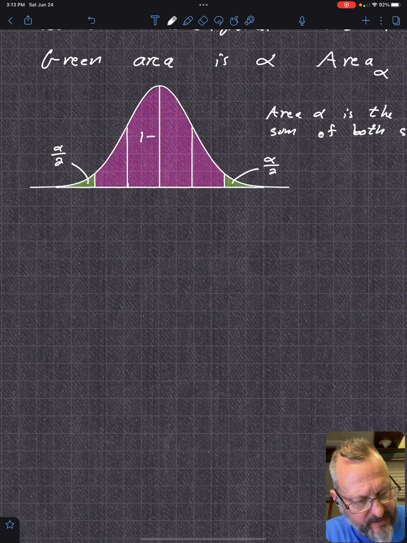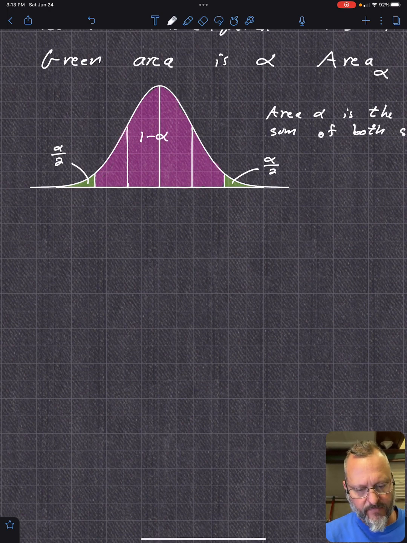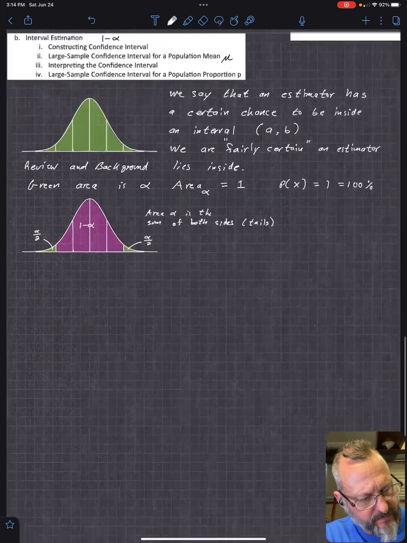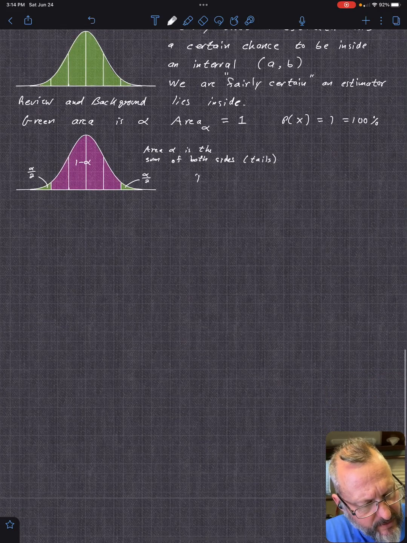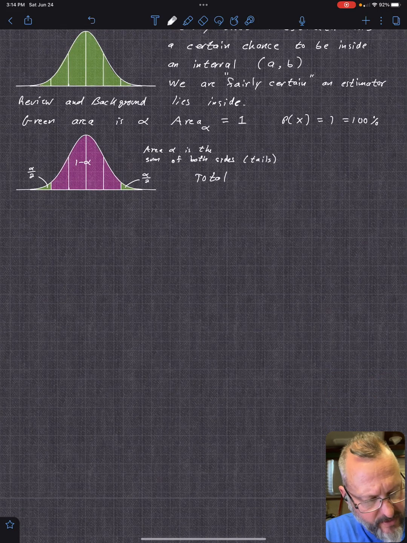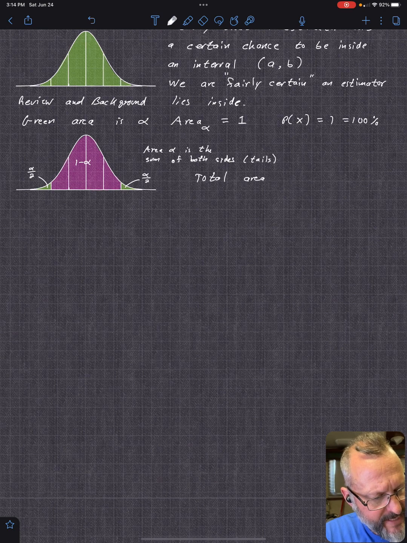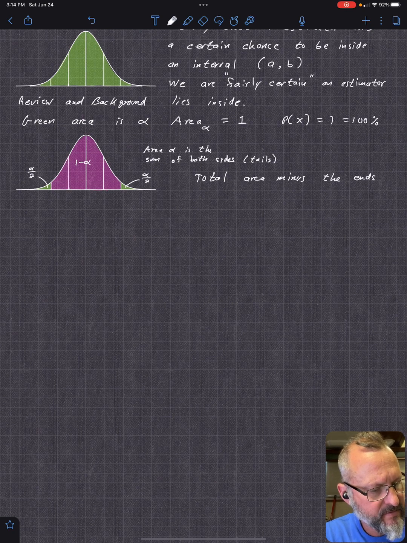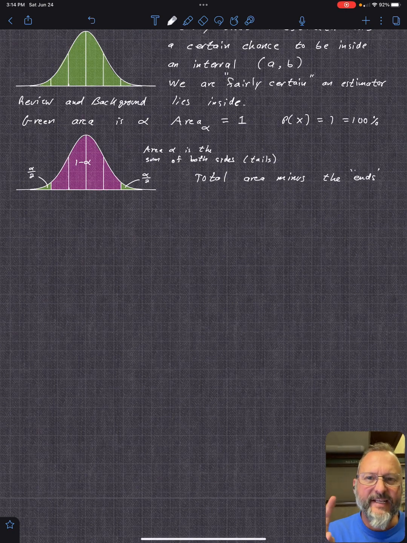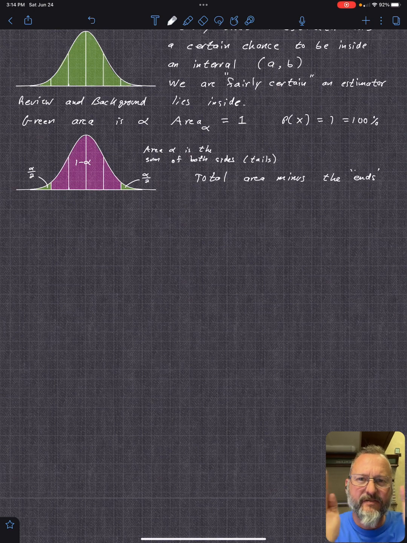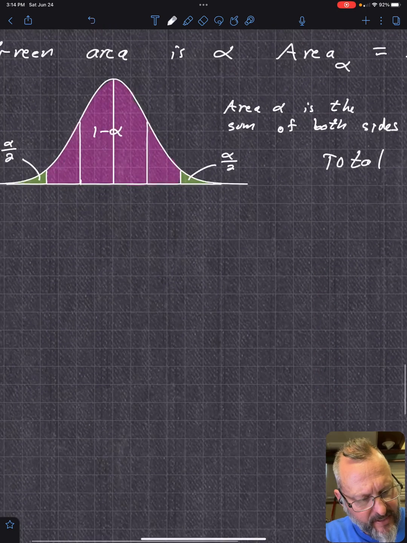So that's 1 minus alpha. You get the total area minus the ends, or you're subtracting those pieces off. The middle has to be 1 minus alpha. That's what we're concerned with.